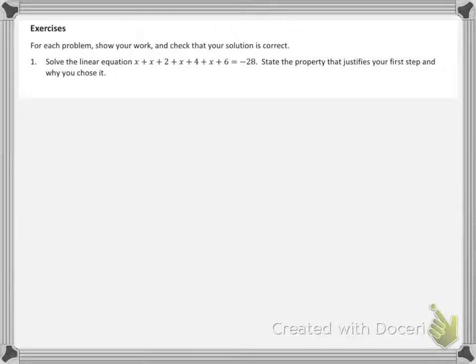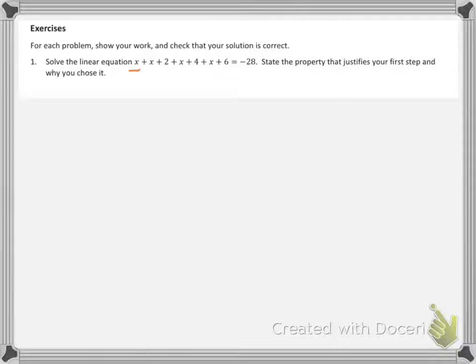We've got a very long expression on the left side and then just a constant on the right. So what I'd like to do is simplify this as much as possible and get rid of as many terms as I can before I go about solving for x. And that just means combining like terms. So I'm just going to go through and try to find all of the terms with x.